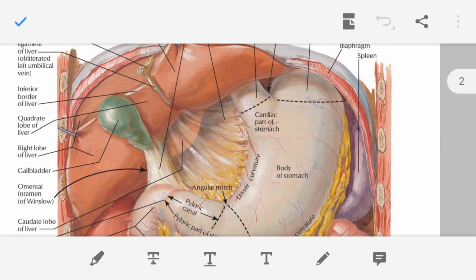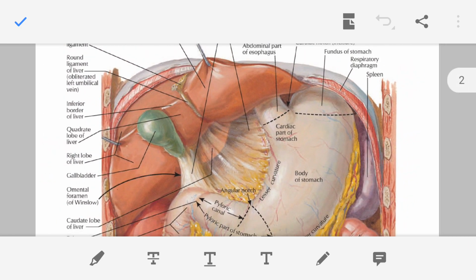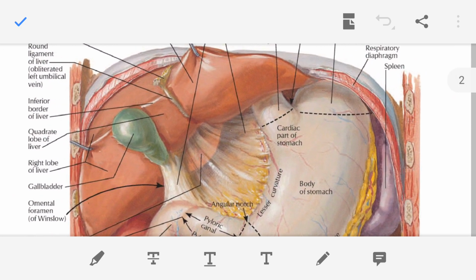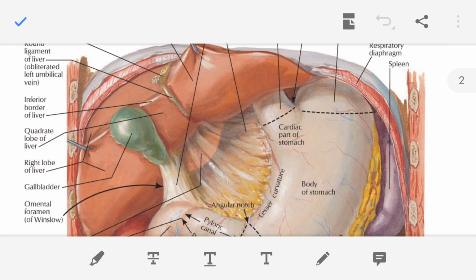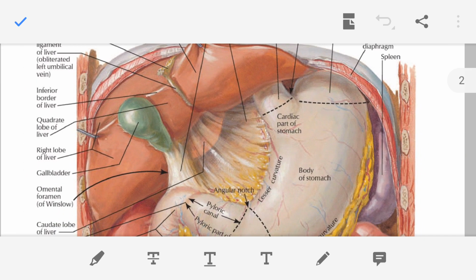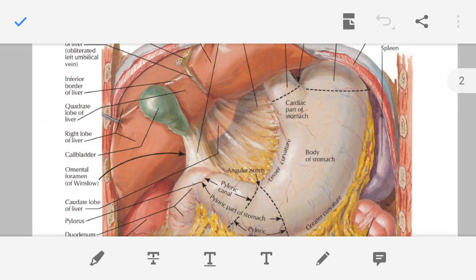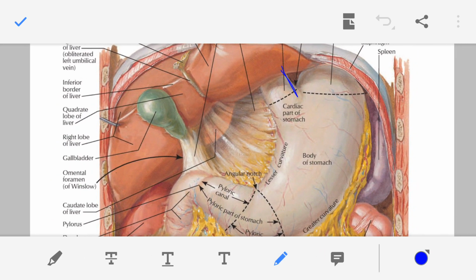And what exactly is the stomach? We know the GI tract, from mouth to anus. Now if you observe closely here, this is the esophagus, and this part is the duodenum. So we can say that at the enlargement of the GI tract between the esophagus and duodenum, the stomach is present.